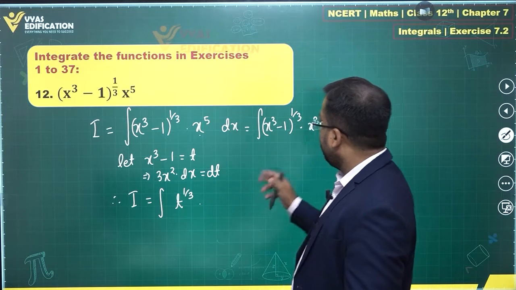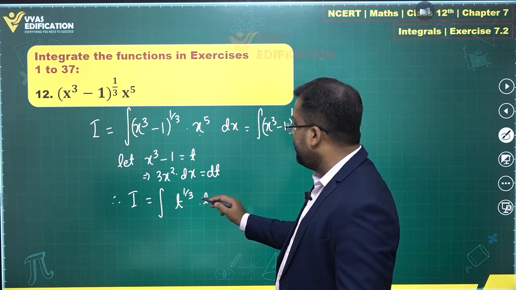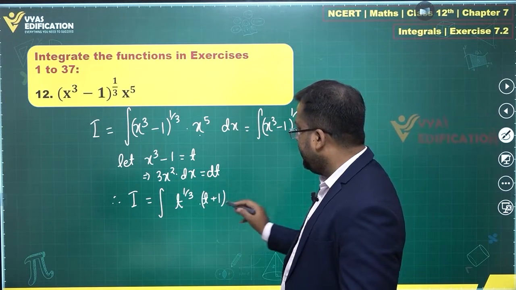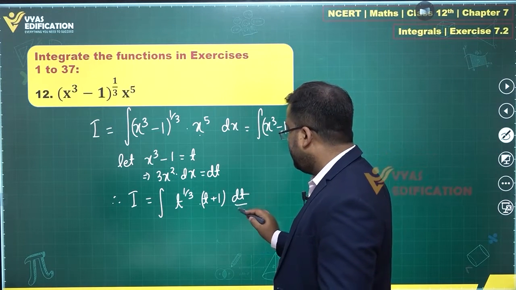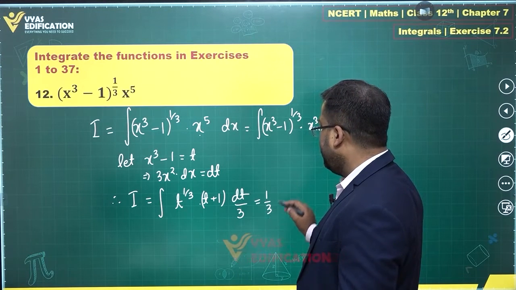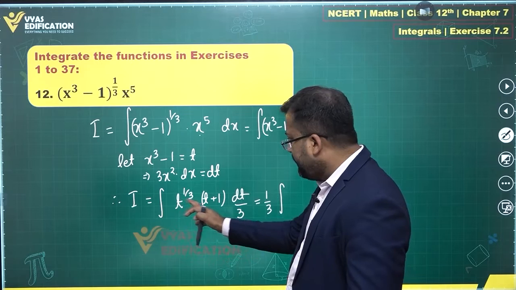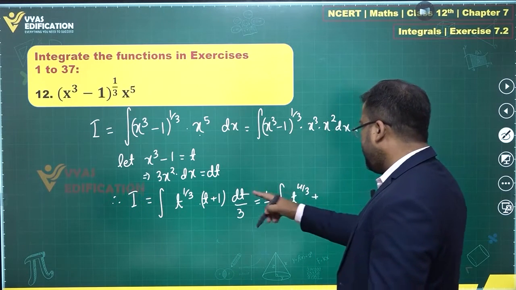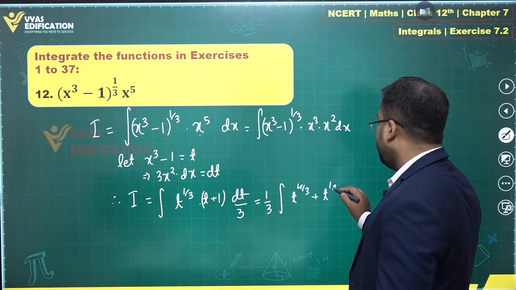So this is t power 1 by 3. x power 3 is actually t plus 1. And x square dx is dt upon 3. This is what you get, right? So that 1 by 3 will come outside. In the integral, what you'll have is t power 1 by 3 into t, which is t power 4 by 3, plus t power 1 by 3 into 1, which is t power 1 by 3.